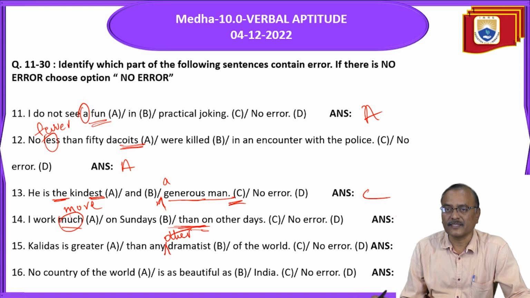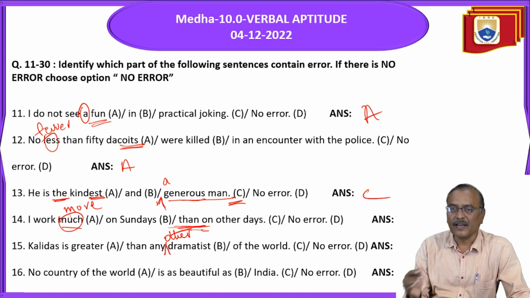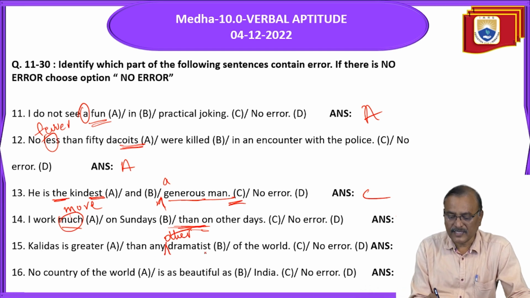We have to use like that. Greater than any other. Greater than some other. Greater than all other, like that. So, where is the mistake here? It is in option B.